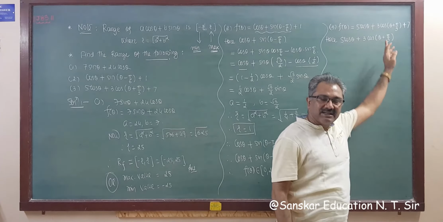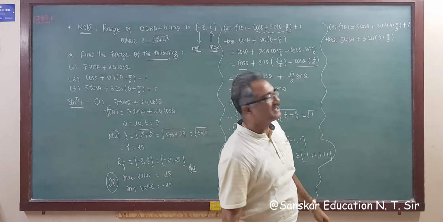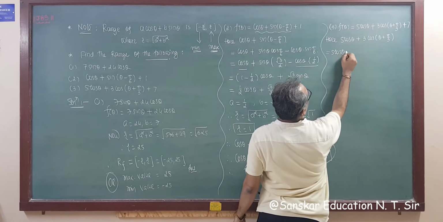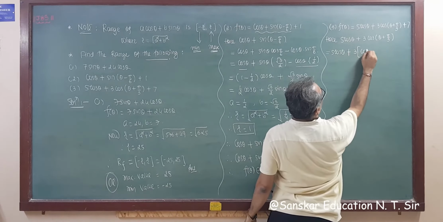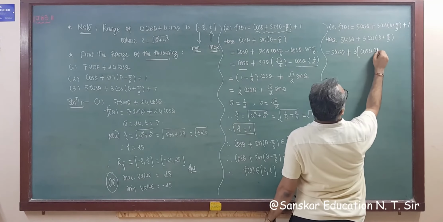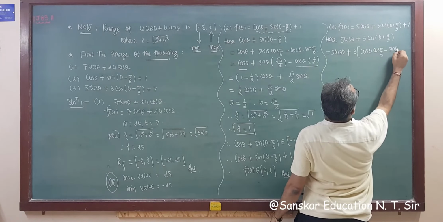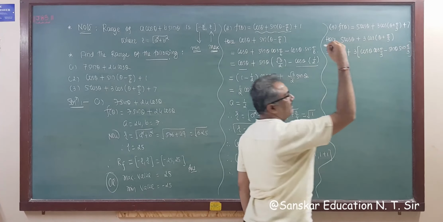Here plus, so cos A cos B, and the answer will be minus sin A sin B. So applying this formula we get 5 cos theta plus 3 times cos A cos B, that is cos pi by 3, here is plus, so minus sin A sin B, that is sin pi by 3, right?